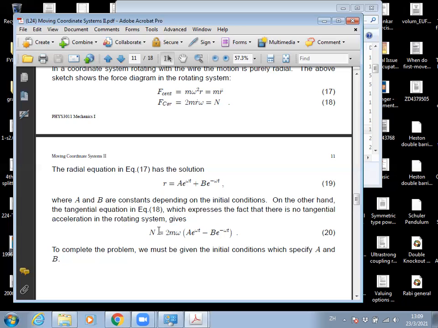Now, keep this in mind. A uniformly rotating frame is very different from a uniformly accelerating frame. A uniformly accelerating frame can be transformed into an inertial frame by adding an appropriate fictitious force, which you can consider to be an artificial gravitational force, all right?